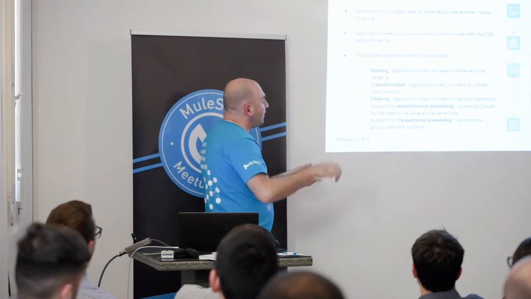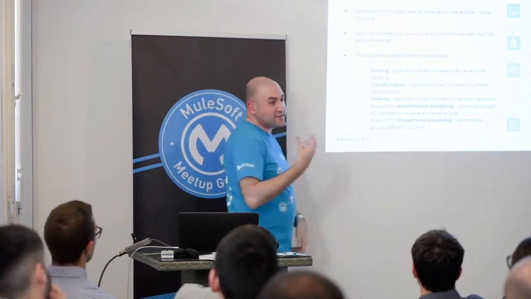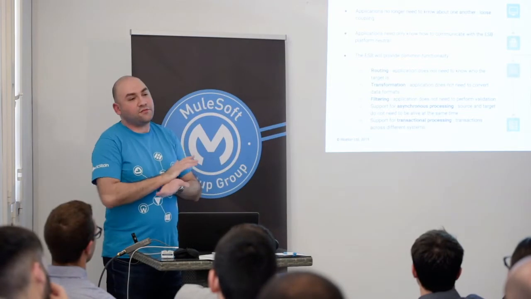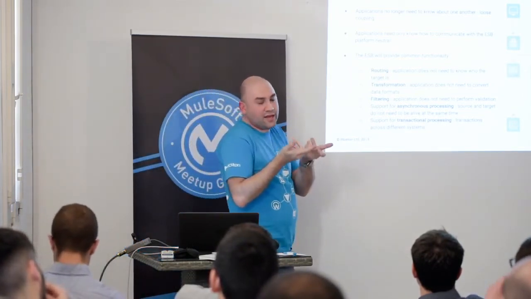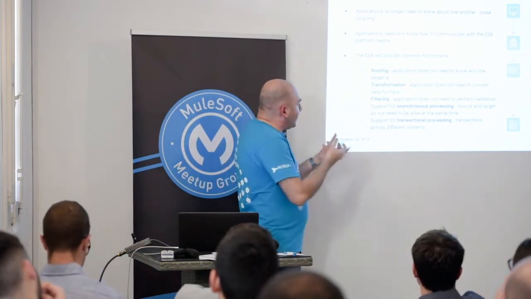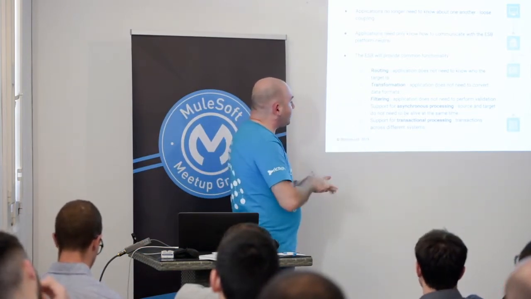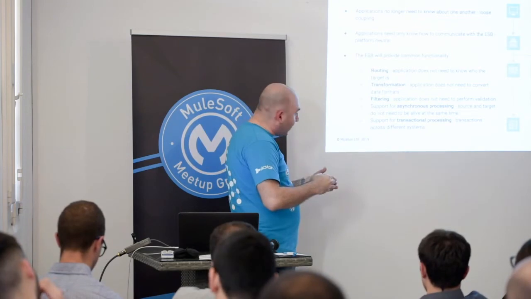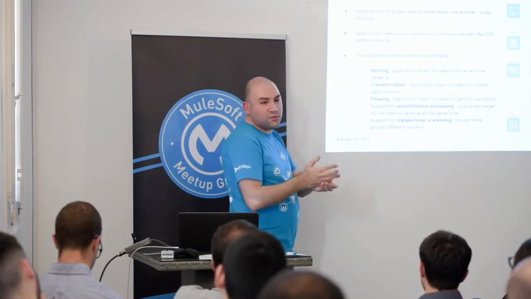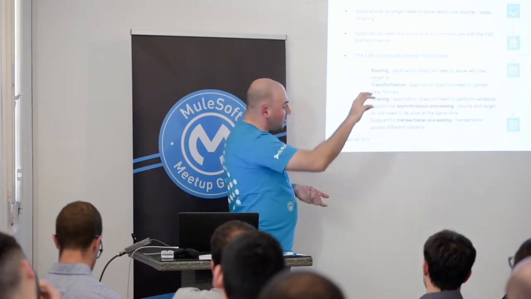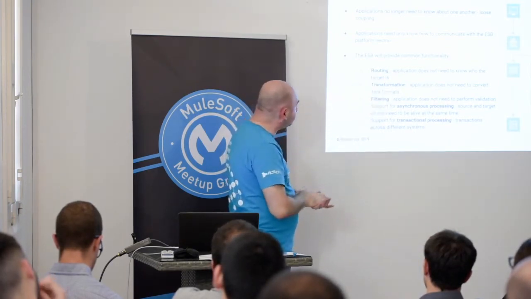If you have the transformation capability on the bus, you send the data in your native format, and it's the bus which handles the actual conversion. Obviously there's some coding element, but it's less intensive. Again, you have loose coupling, because the source application does not need to know about the format of the target application.